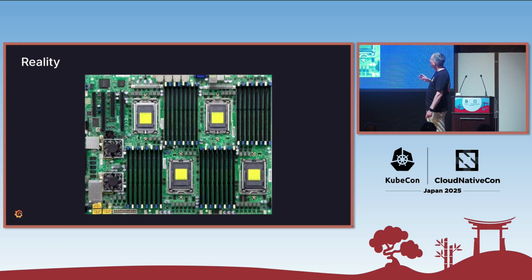Where's the bus going to go? The yellow things are the CPUs, and the black things are the memory. If you connected all of those things with one bus, it would be incredibly slow, with the electrical signals going all the way around the computer.